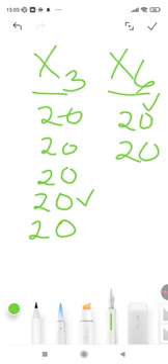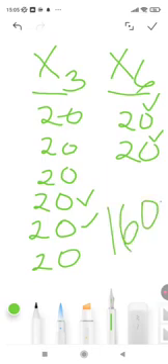The fifth person, you earn 20 core on X3 and 20 core on X6. So the sixth person you bring in, X6 does not receive, but X3 receives 20 core. So that means for the 6 people you have brought in, you have earned 160 core, okay? So that is what you have earned for those 6 people.